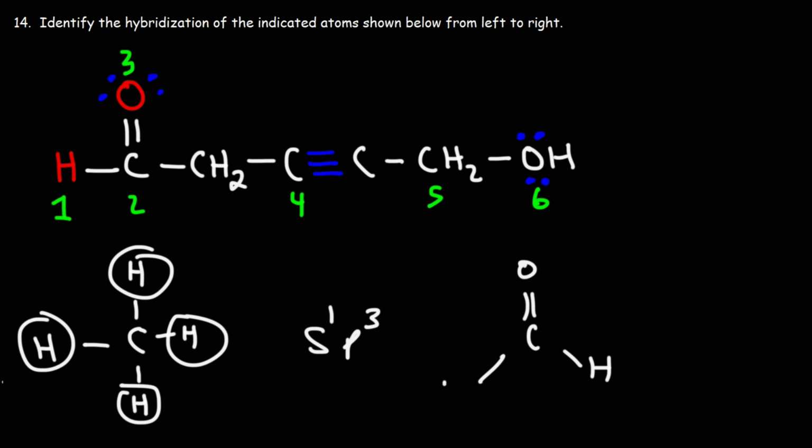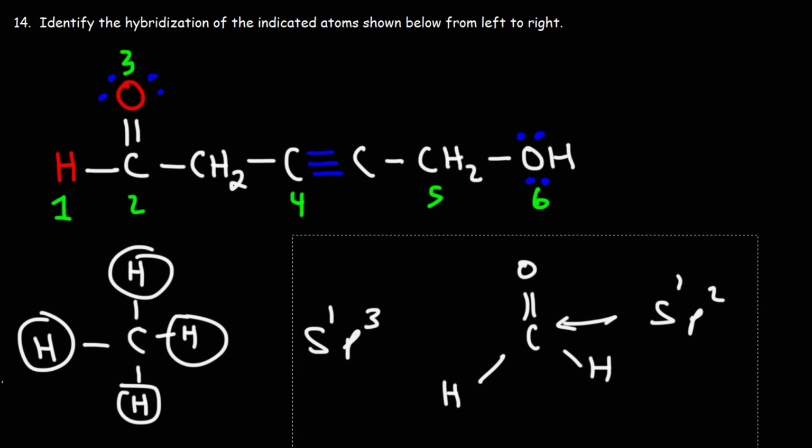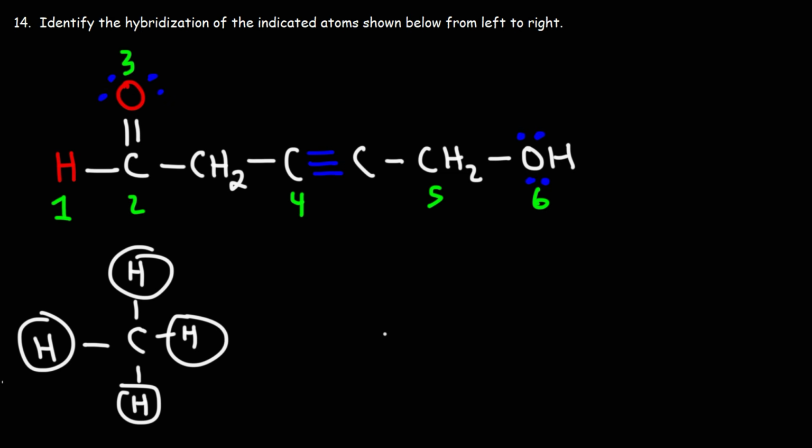Now this is formaldehyde. The hybridization of the carbon for formaldehyde is going to be 1, 2, 3. It has 3 groups. So it's going to be S1P2. 1 plus 2 gives you 3. Let's say if you have PCl5. We're kind of jumping into general chemistry.